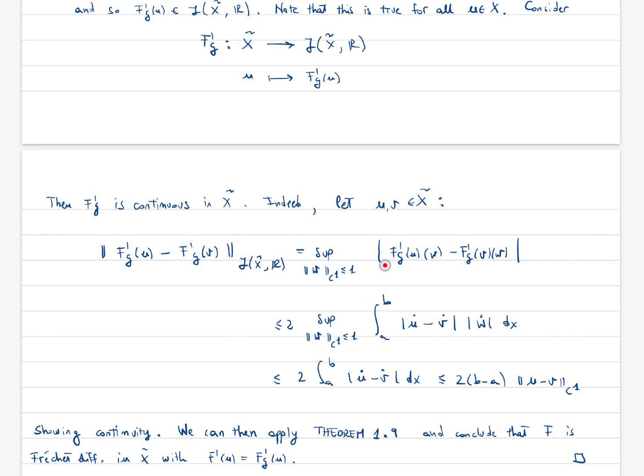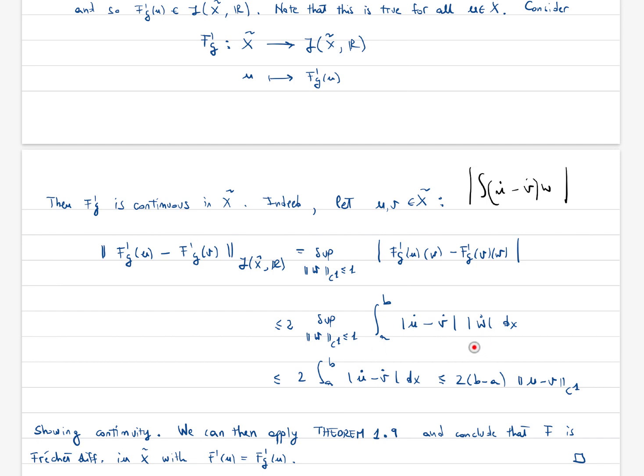So here you will get the integral from a to b, let's write with a pen, of u minus v dot times w, absolute value, and then you can just take the absolute value inside like we did here, and the 2 is just a number, it goes outside of the supremum.